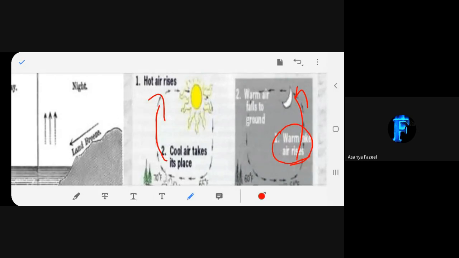Can you hear me? Yes, ma'am. And the cold air from the ground takes the place of the vacuum. Is it understandable, beta? Yes. This is how the cycle is created.